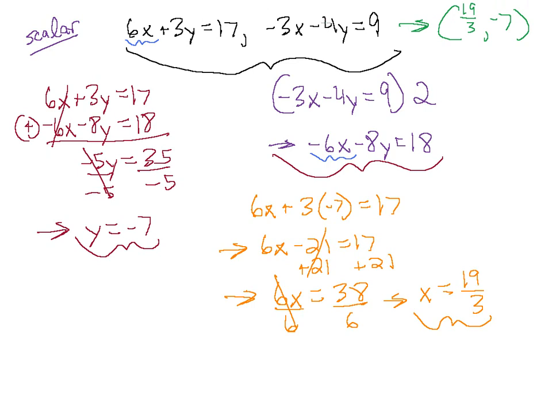And this is the point where these two lines intersect, which is also the solution for our system of equations. So when we don't have coefficients for one variable that match, we can multiply one of the equations by what's called a scalar. In this case, it was just 2, which changes the form of one of the equations so that we can handle it more easily.